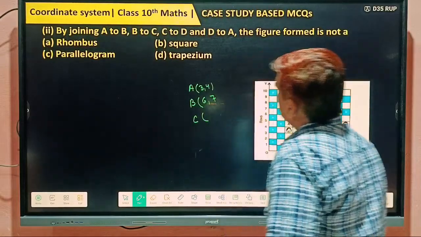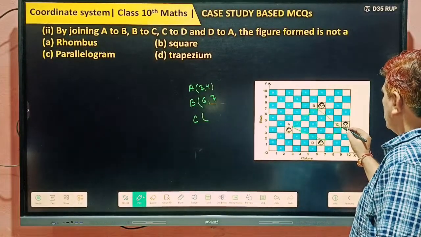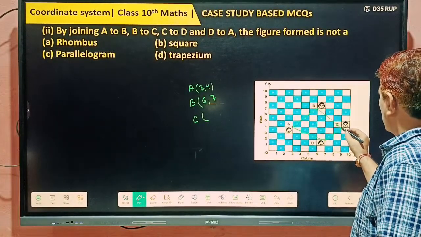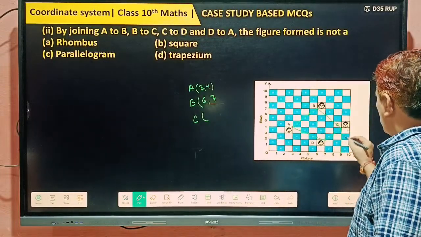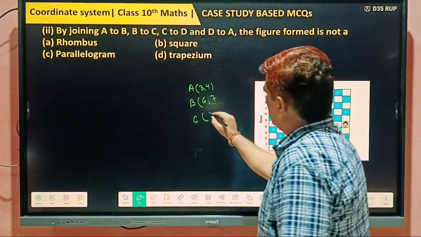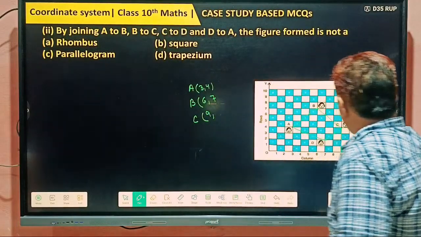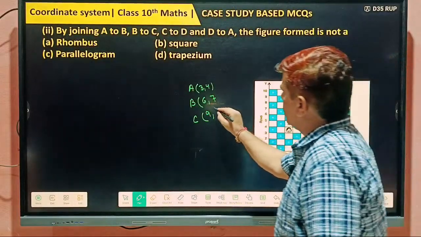C is here. Distance from the y-axis, how many units? 9 units. And distance from the x-axis, how much? 1, 2, 3, 4. So 9, 4.